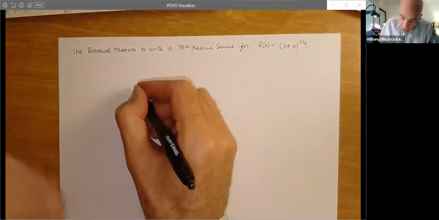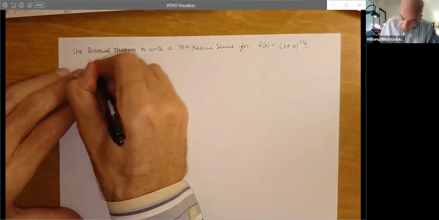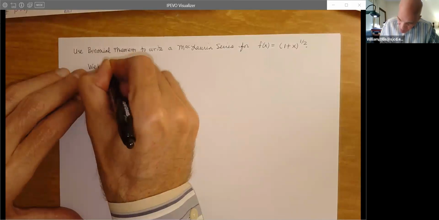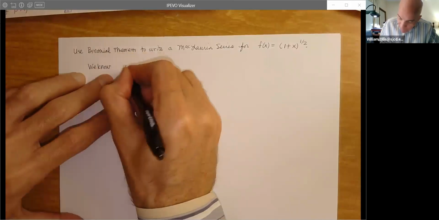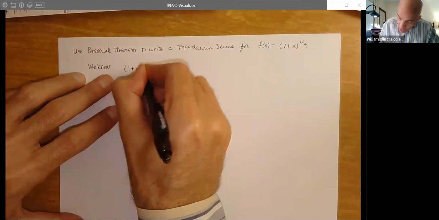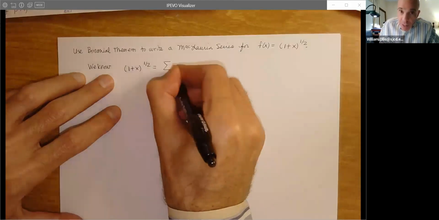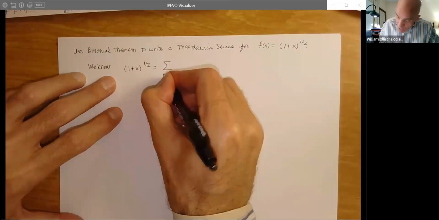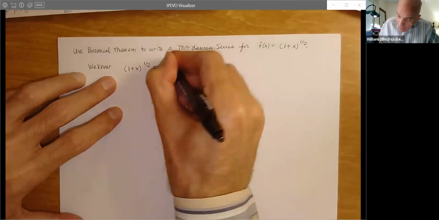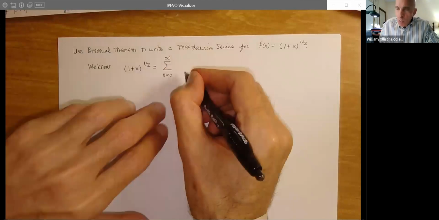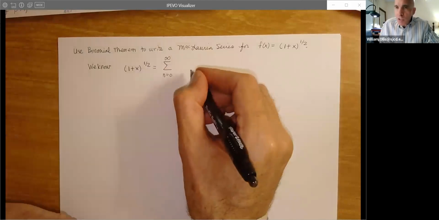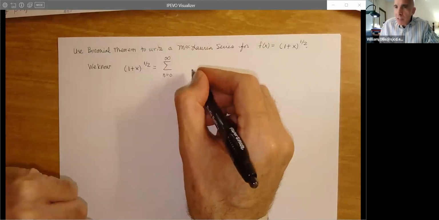So we know, what do we know? Well, we know a lot. That's a loaded statement. We know (1 plus x) to the 1/2 is the infinite series, n equals 0. So if I don't do the proof and I don't work with these binomial coefficients, you won't know how to do them, and you won't know how to do these problems.